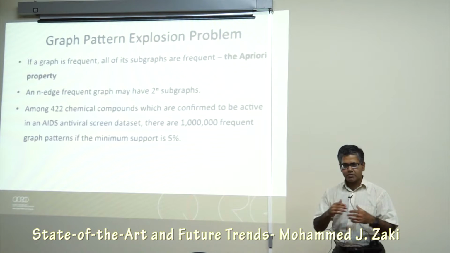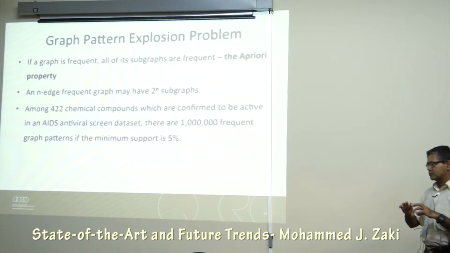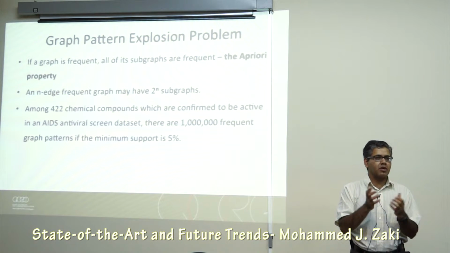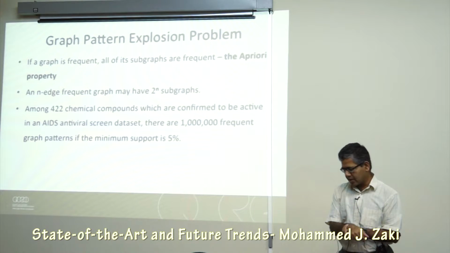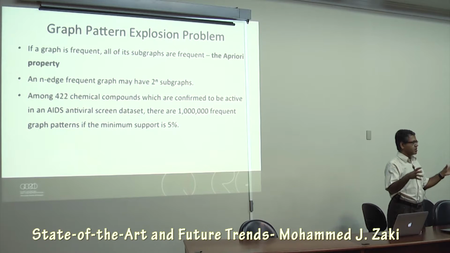All right, so this is the state of the art. What I've shown you are the 2 common approaches for graph mining, and more or less the state of the art. I mean, you can again do some more things. For example, there is a work that says that many of the real world graphs are sparse, right? So if they are sparse, then why don't you just enumerate chains first.